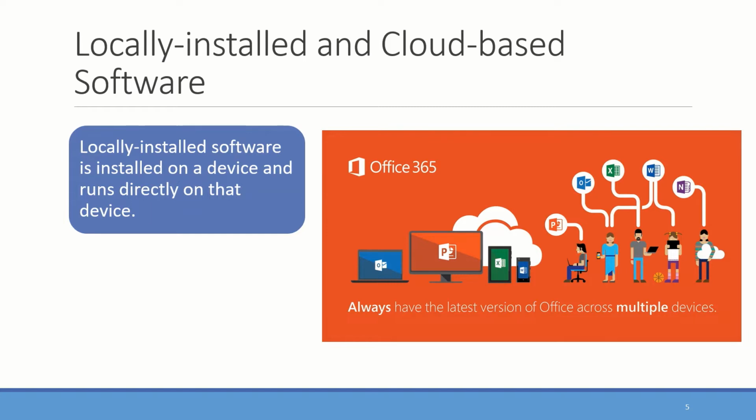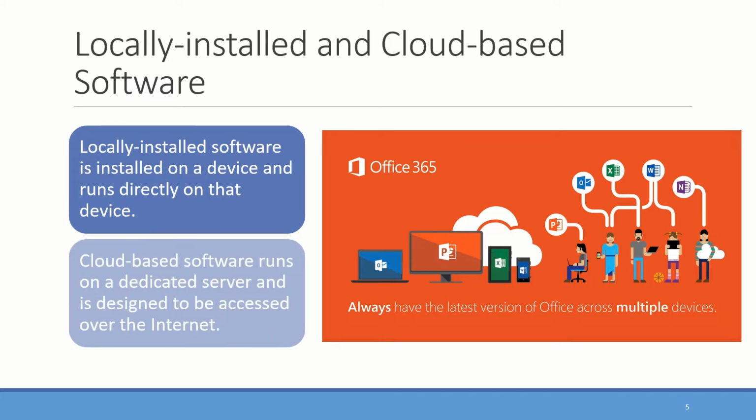Cloud-based software, meanwhile, runs on dedicated servers, not on your computer, and is designed to be accessed over the internet. You will learn about cloud-based software in an upcoming lesson. Let us take Office 365 as an example. It can be installed locally on your computer, and it can also be run on the office.com website.